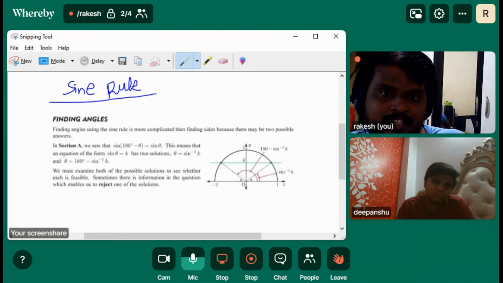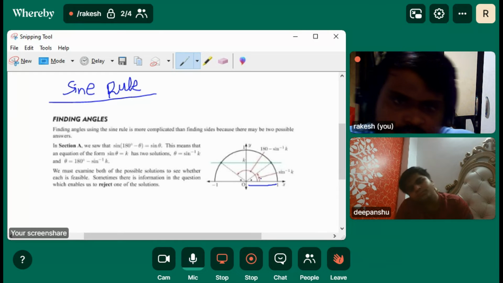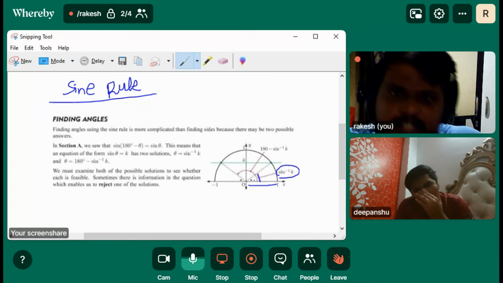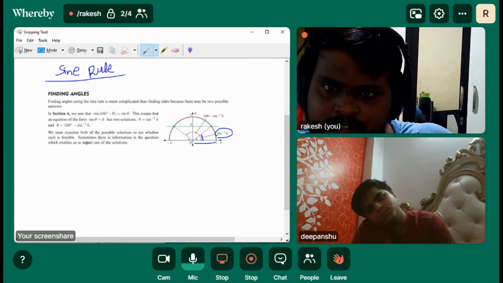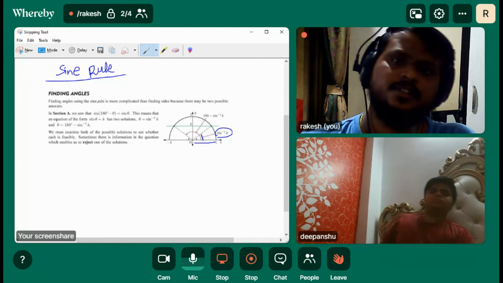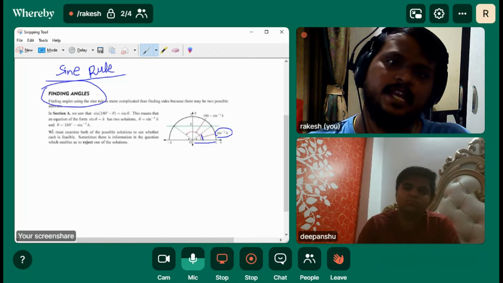Why do they say this? Suppose, in this diagram, if I explain, this is a unit circle, and let's say this angle is sine inverse k. Let me give you a proper example. We have to find the angle, right?